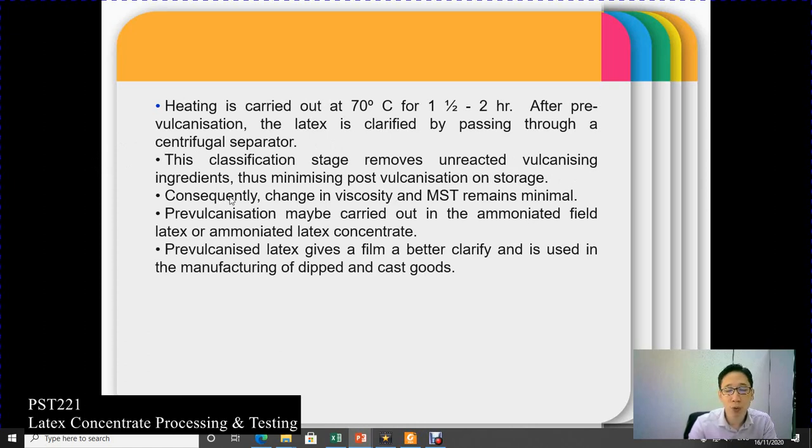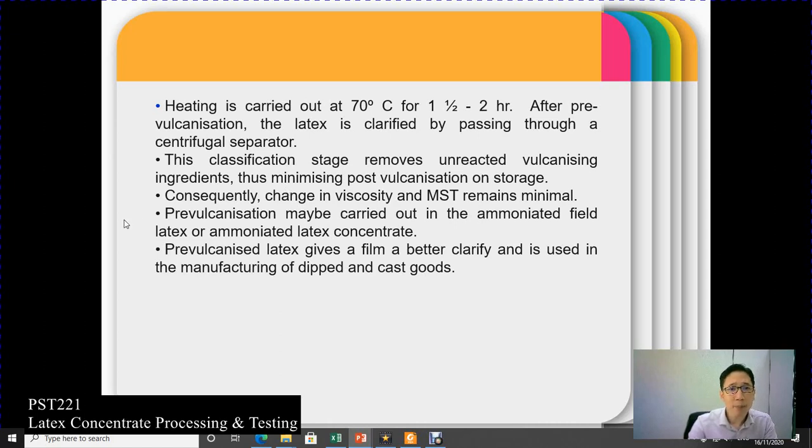So only reacted vulcanizing agent remains in the latex, and consequently the change in viscosity or MST remains minimal. So although there are slight changes in MST and viscosity, the change is very minimal.